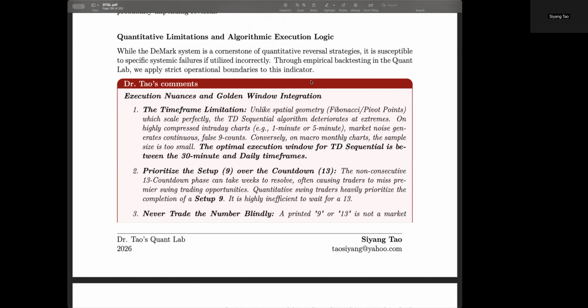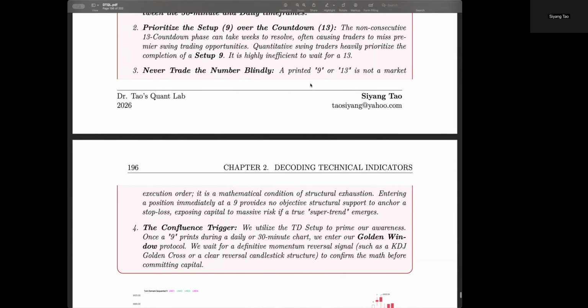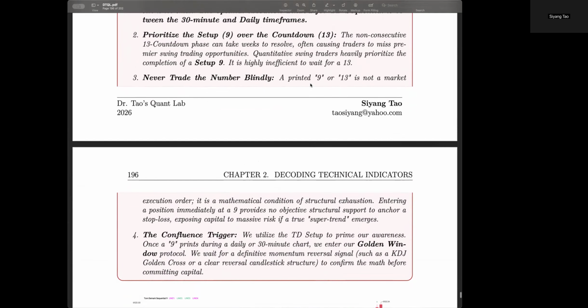If you do that, you have no logical place to put a stop loss, but the price is still falling. Instead, in the Quant Lab, we wait for the 9 or 13 to alert us that the math is exhausted.